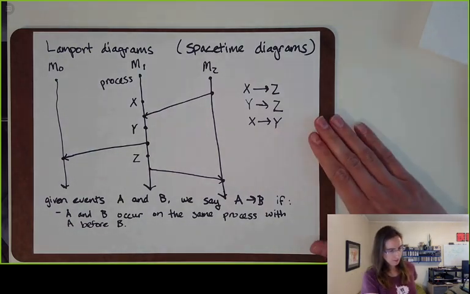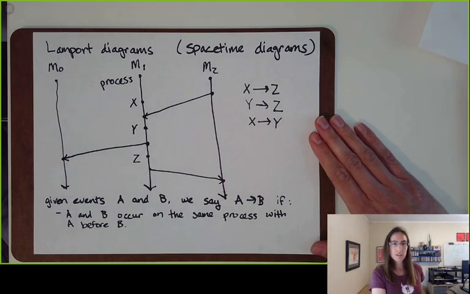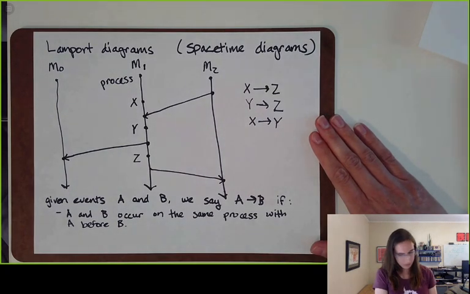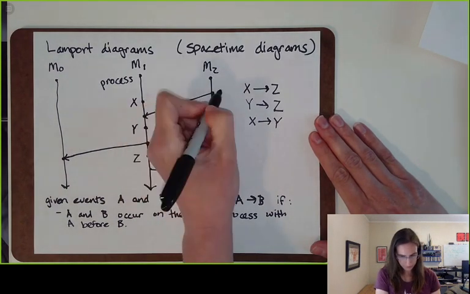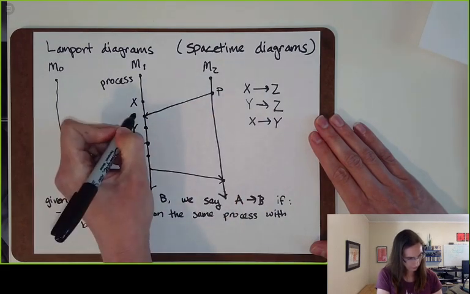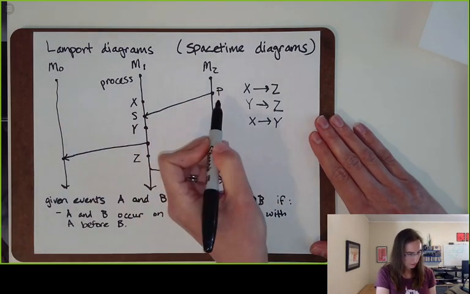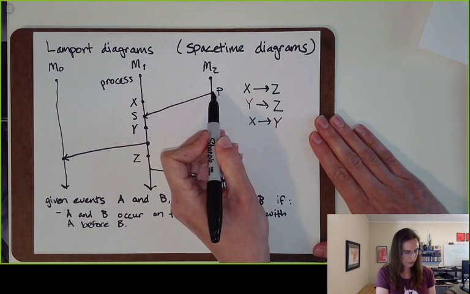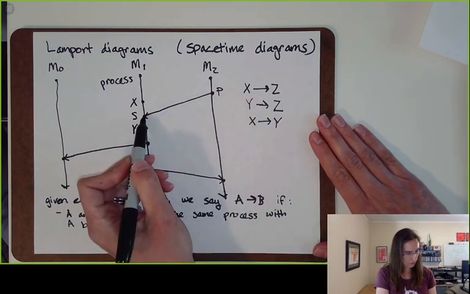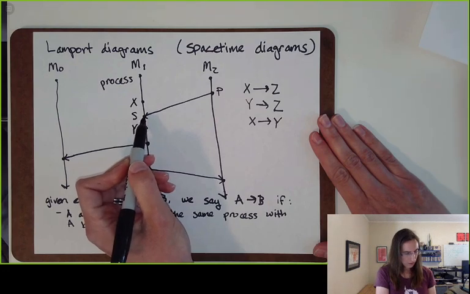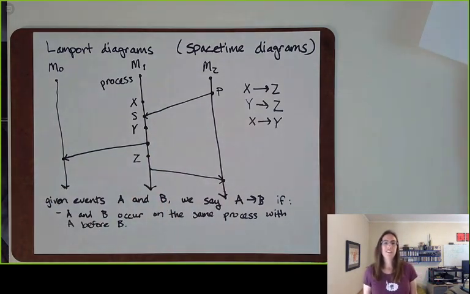Well, let's see. Let's call this event P right here. Let's call this one S. So if P is when you send a message, and S is when you receive a message, receiving a message has to come after it was sent, right? It couldn't possibly be before. It has to be after.